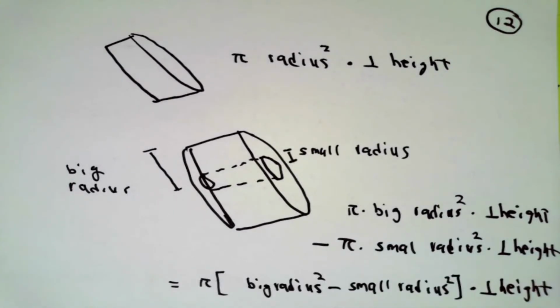It's pi times the difference of the square of the big radius and the small radius multiplied by the perpendicular height. In the case where a central piece like this has been removed, this will be our recipe. This is called the washer method.